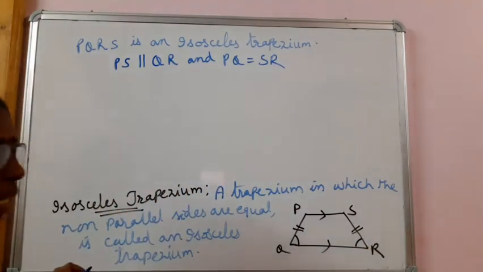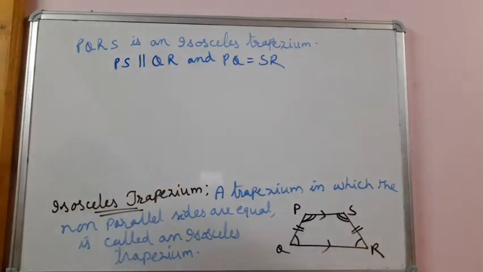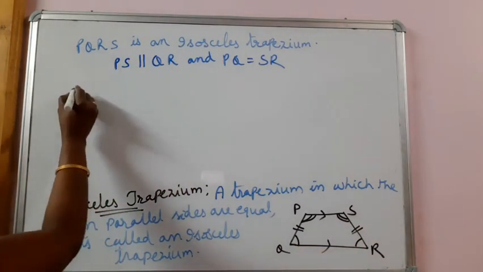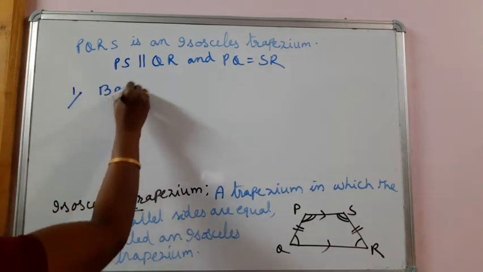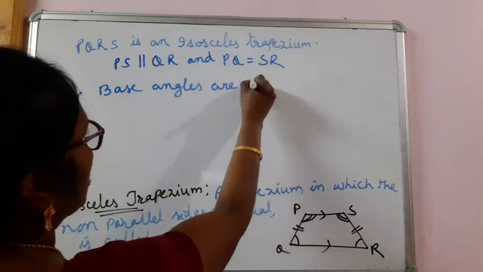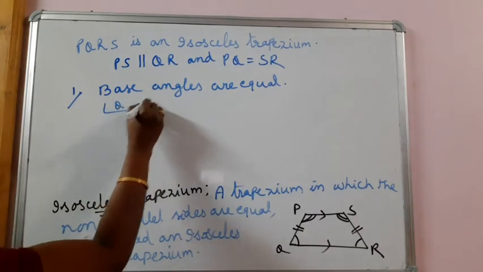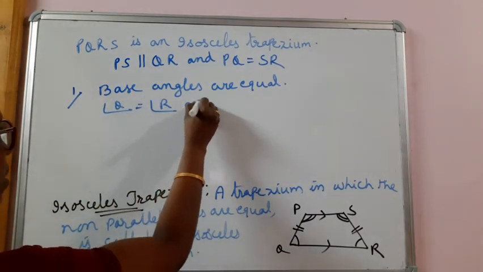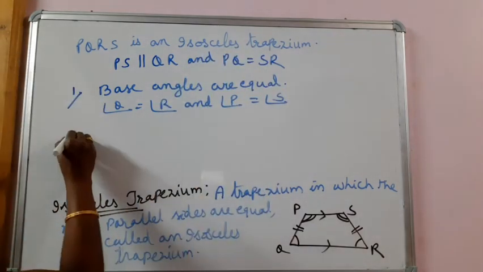Angle Q is equal to angle R and angle P is equal to angle S. Here the properties are: base angles are equal. We are speaking about an isosceles trapezium, that is, angle Q is equal to angle R and angle P is equal to angle S.